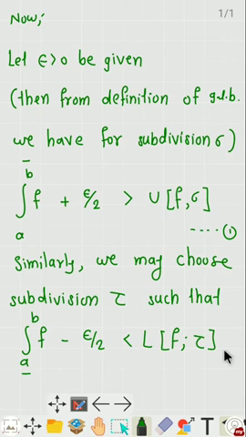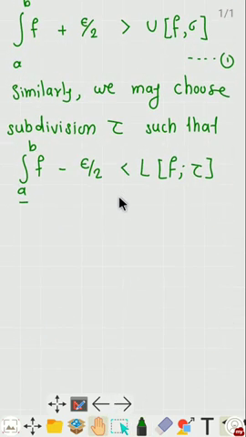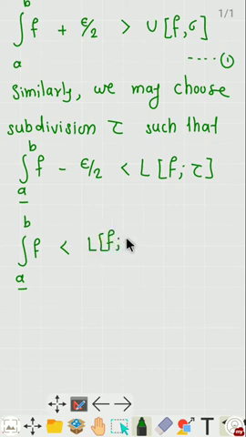That is, the lower integral of function f is strictly less than the lower sum of function f corresponding to subdivision tau plus epsilon by 2.